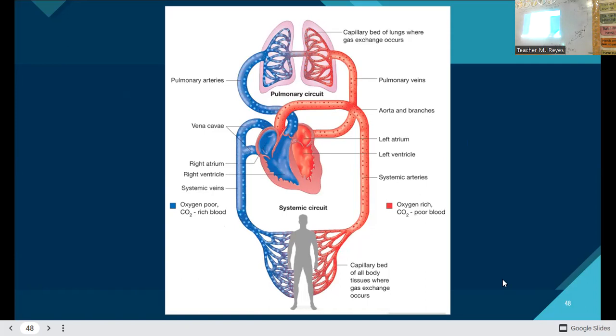From the left ventricle, blood will be pumped to your other semilunar valve called the aortic valve.